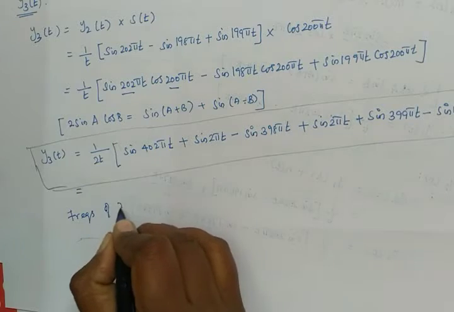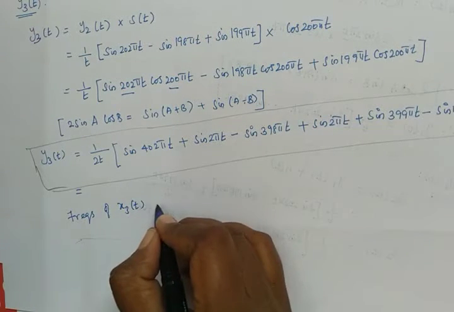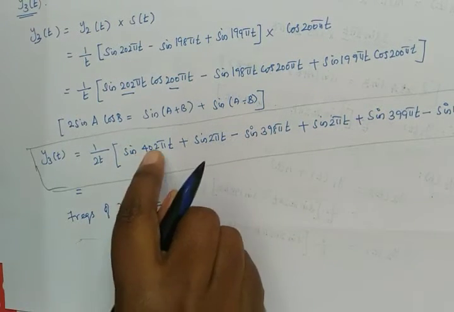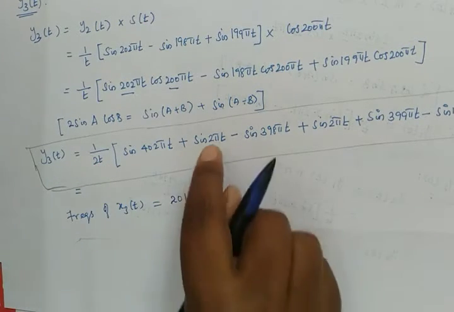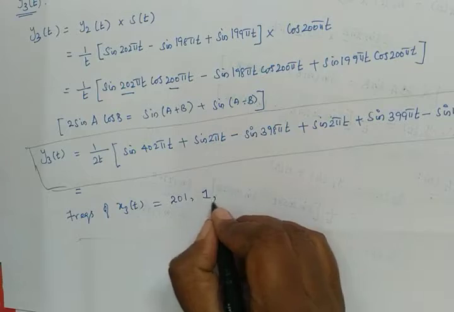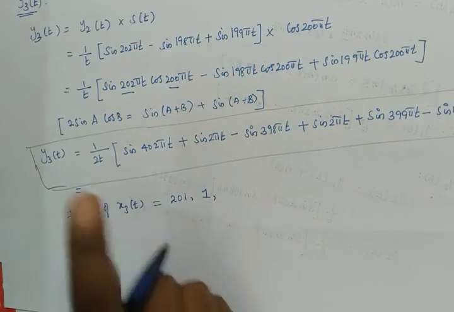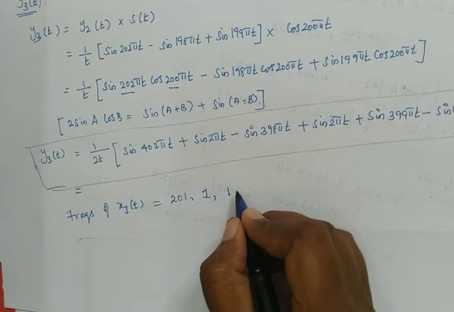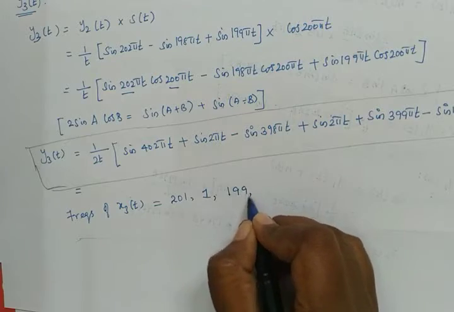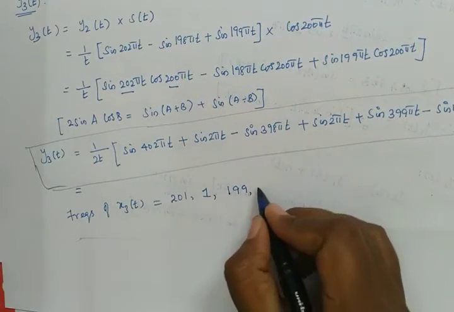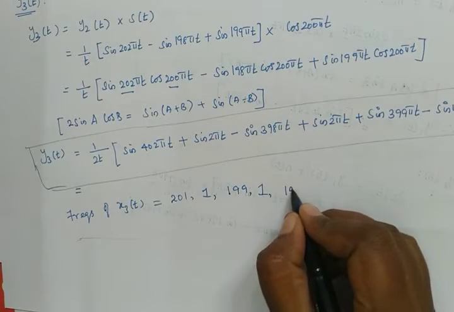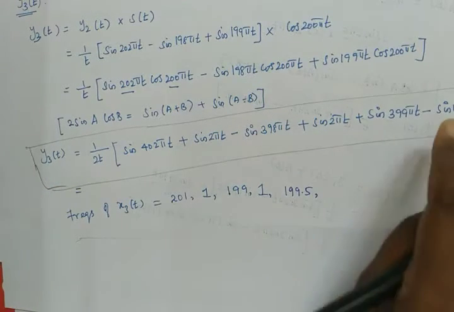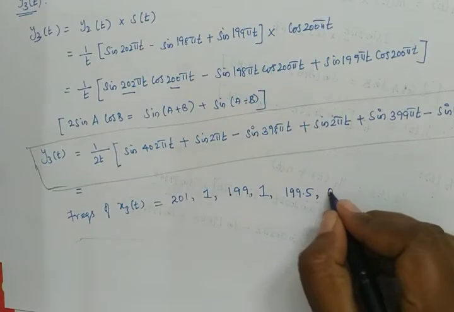So what are the frequencies of y3 of t? 402 by 2 is 201, 2 by 2 is 1, 398 by 2 is 199, 2 by 2 is 1, 399 by 2 is 199.5, and 1 by 2 is 0.5.